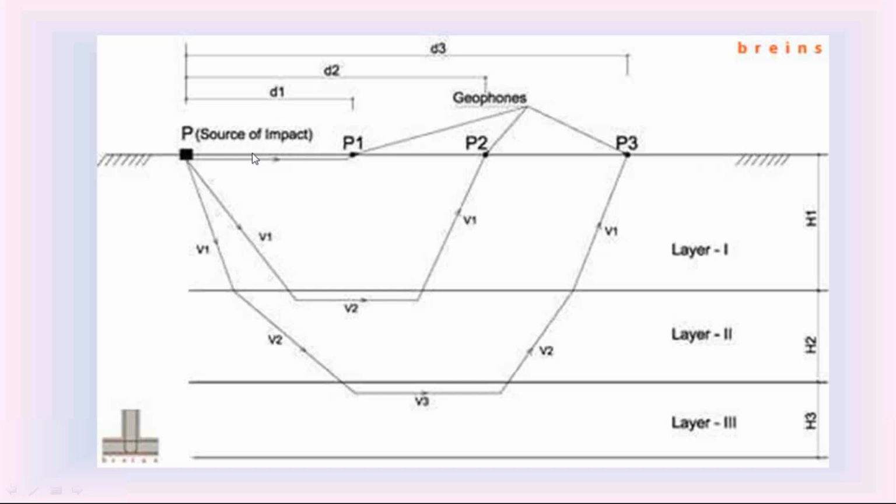A number of geophones are arranged on the ground level to receive the shock waves coming back after traveling inside the ground. To receive those shock waves, we arrange these devices known as geophones on the ground level.